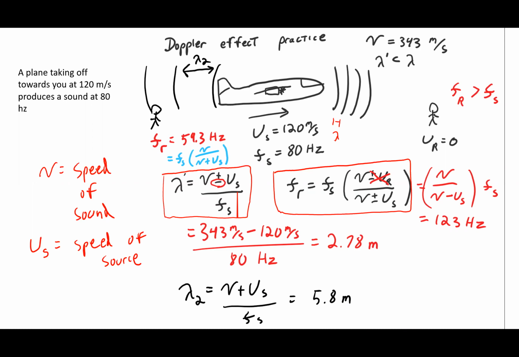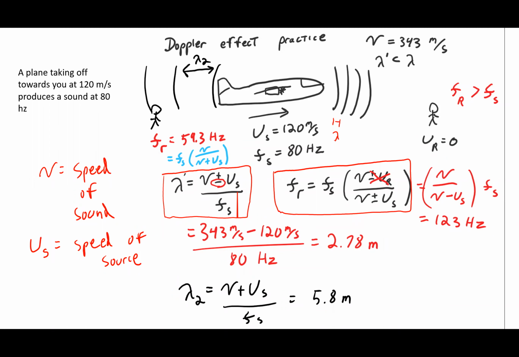So the analogy I did in the video was like, I'm walking along the conveyor belt, so the conveyor belt and I are moving in the same direction, and therefore the spacing between the pies is smaller, whereas if I'm walking in the opposite direction from the conveyor belt, the spacing between the pies would be larger. So in this case, when the plane is moving towards me, I want to use the negative sign here because my intuition is that the wavelength will be shorter.